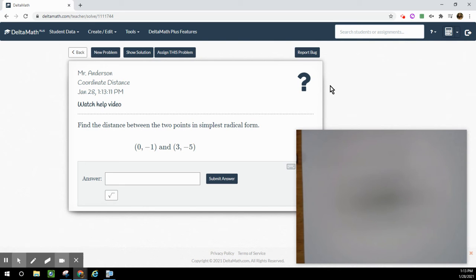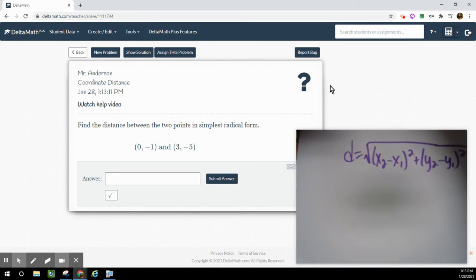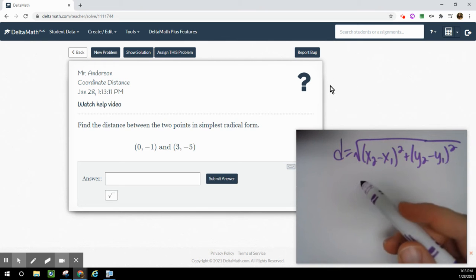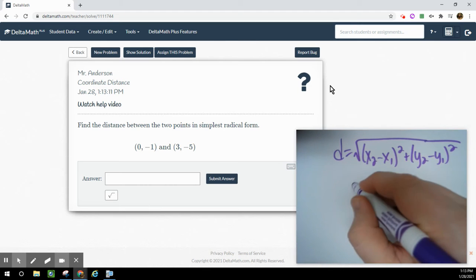If we have not been given the graph, but just the points, then we're going to have to use the distance formula to calculate our distance. So 0, -1, and 3, -5, we could plug into this formula.